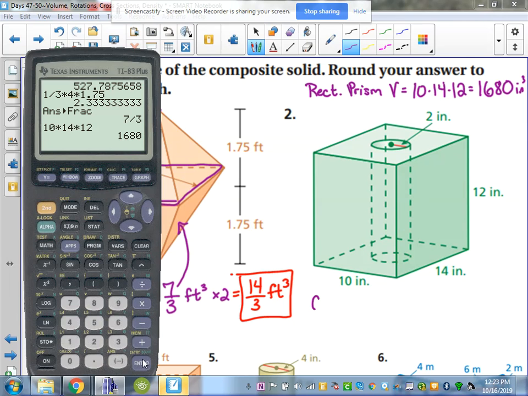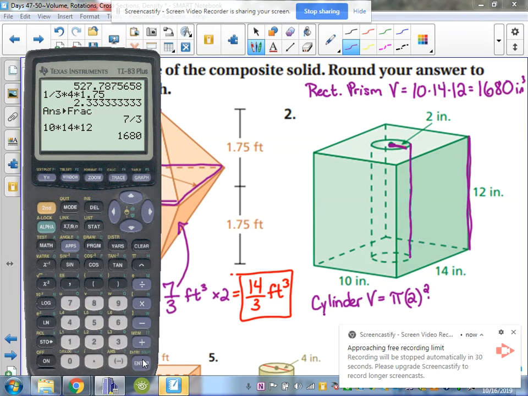We've got a cylinder in there as well. So the cylinder volume is pi times the radius. Are we given the radius? Is that the radius or the diameter? Radius. Okay, it's from the center to the outside of the circle, so that is a radius. So we go with the 2 squared times, what's the height of our cylinder? 12. It's the same as the height of this prism.